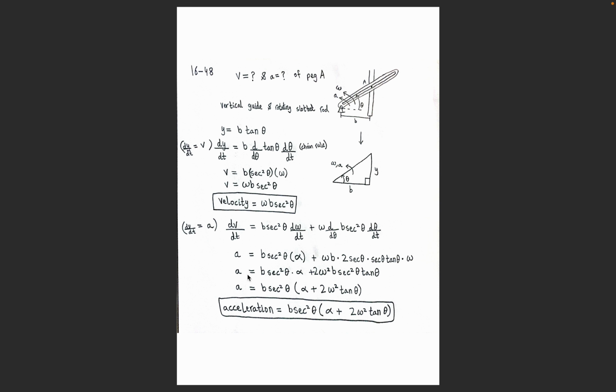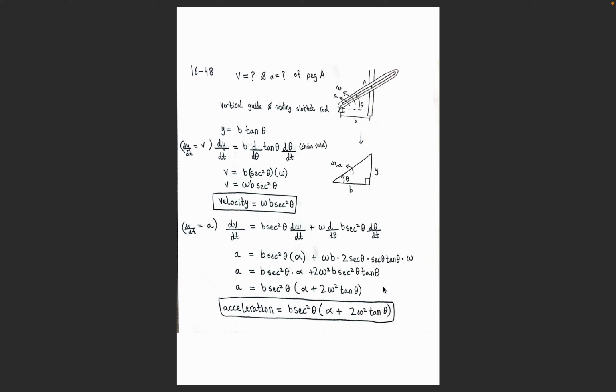Then a is equal to b secant squared theta multiplied by angular acceleration plus 2 omega squared b secant squared theta tan theta. We simplify this to the acceleration of peg A equal to b secant squared theta, in brackets, angular acceleration plus 2 omega squared tan theta.